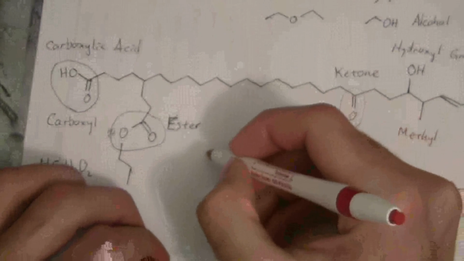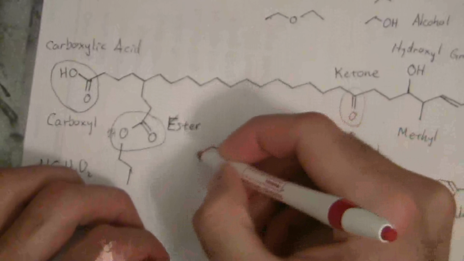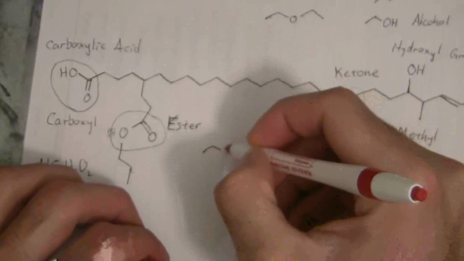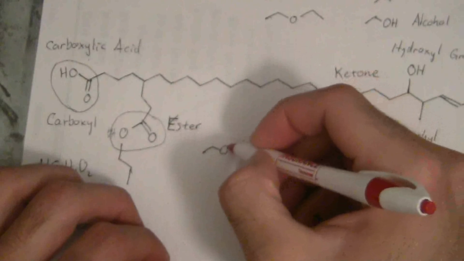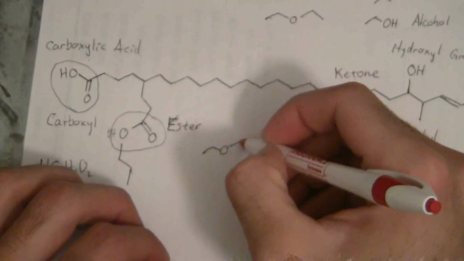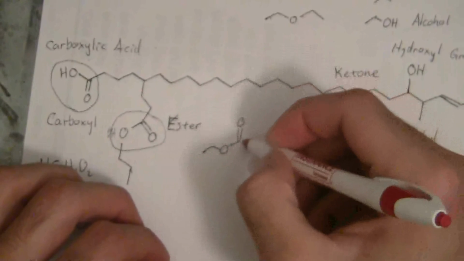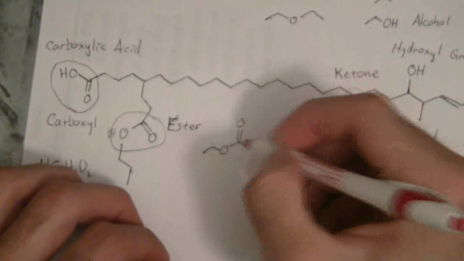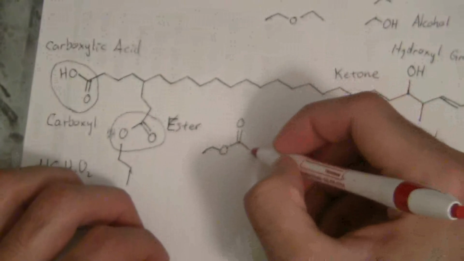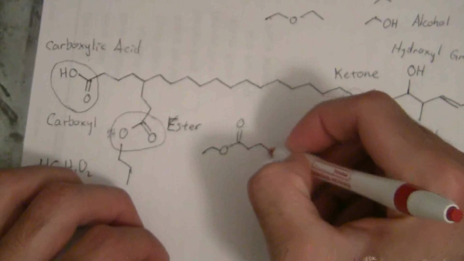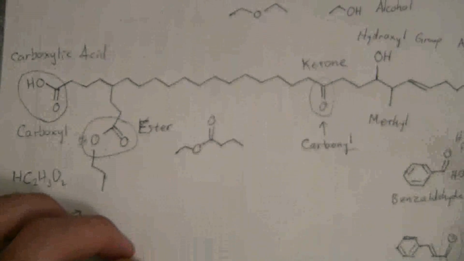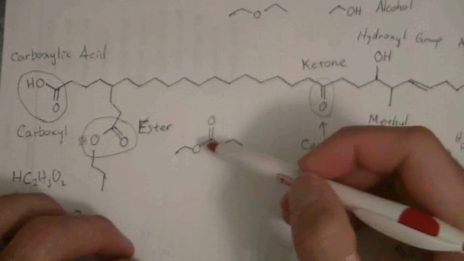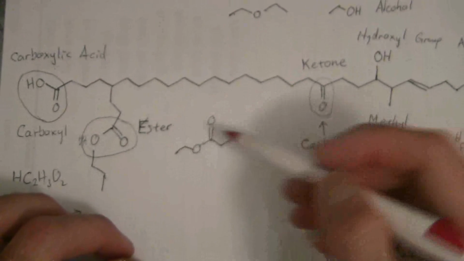One is if I have an ethyl group on my oxygen, the oxygen that is part of my ester group, and then I have 4 carbons over here, and this is ethyl butanoate. That's the name.